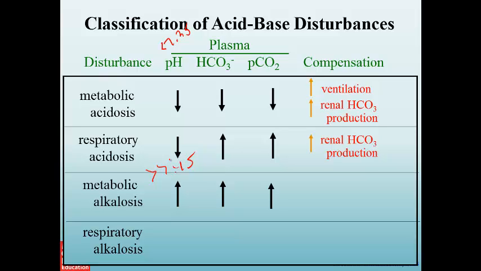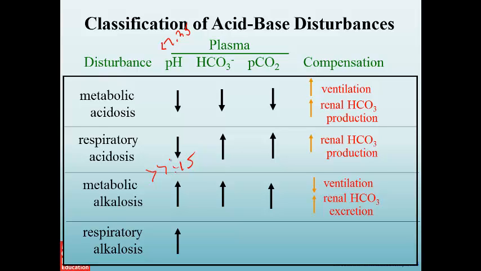So in order to fix that, you're going to hypoventilate and retain CO2 so that the blood PCO2 goes higher, so that you've got more acid for that bicarbonate. So a decrease in ventilation and an increase in renal bicarbonate excretion. So you'll reabsorb and make less bicarbonate.